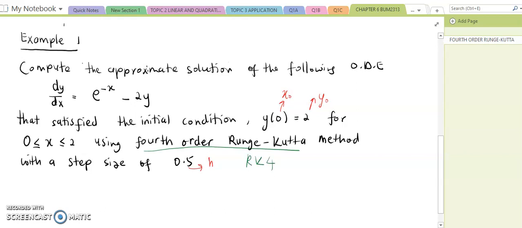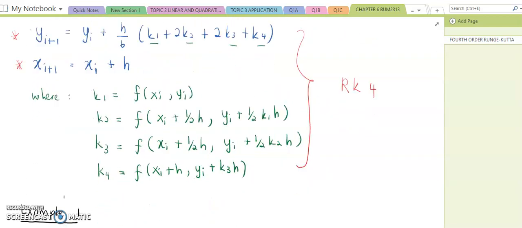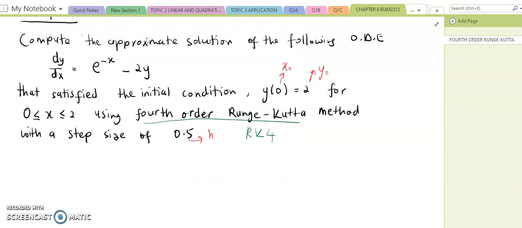And we know that the formula for RK4 is given by this formula here. We need to find the approximate solution of x and y. From the question, the range of x values is from 0 until 2, and the initial condition is at 0, so x0 equals 0. Since the step size is 0.5, the x values increase by 0.5.